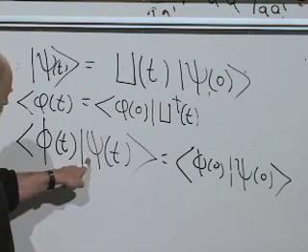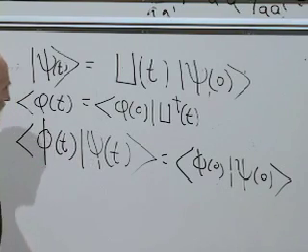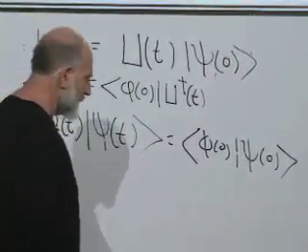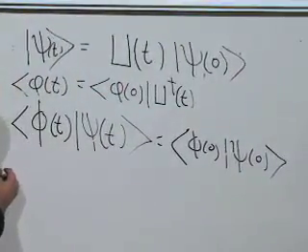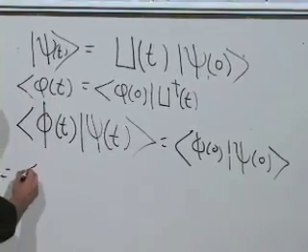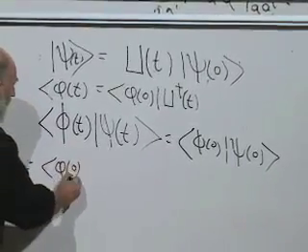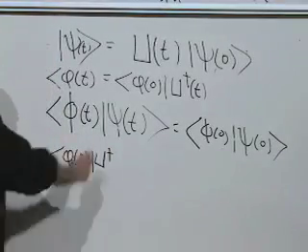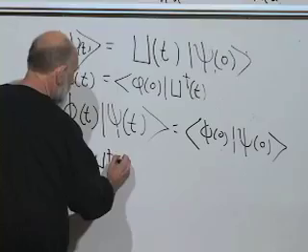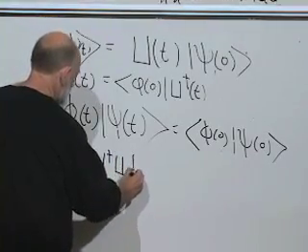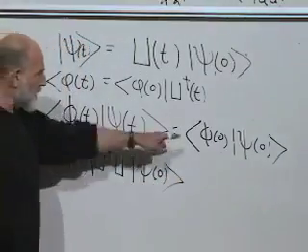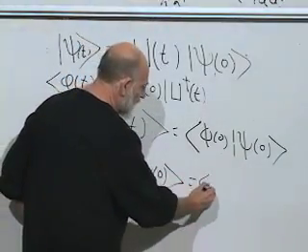All right, now let's see what happens to phi times psi. It's equal, on the one hand, to phi of 0 u dagger u times psi of 0. But it's also equal to just phi of 0 psi of 0.